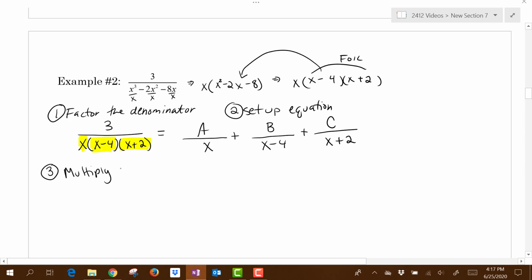Alright, step 3, we're going to multiply by the lowest common denominator, the LCD. Now what that means is that we're going to go back to the factored denominator and use that. So that's what we call our LCD. Alright, so I'm just going to recopy everything that I have.